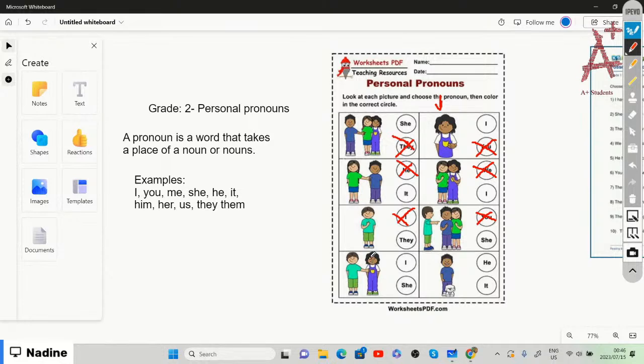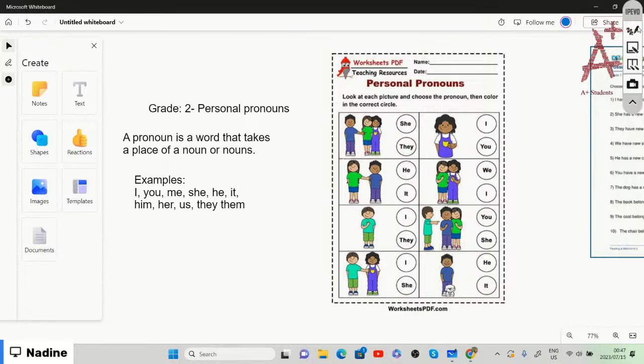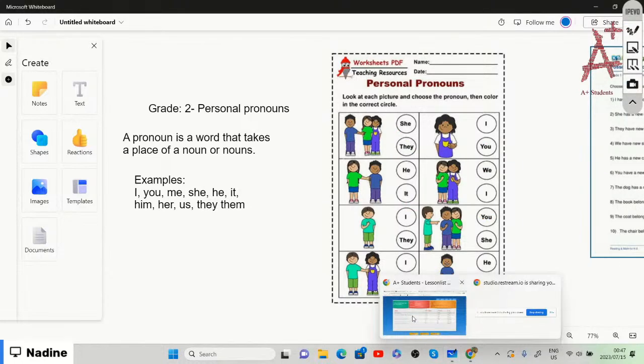And then we have she, and then we can have it as the dog, right? So that is personal pronouns, right? Personal pronouns, right? All right, so if we go back to our tutorial lesson, right?